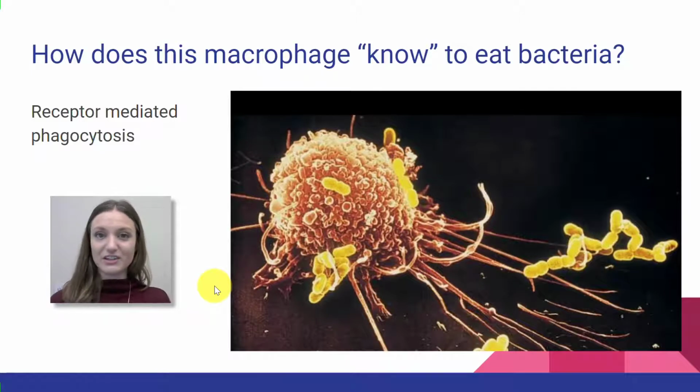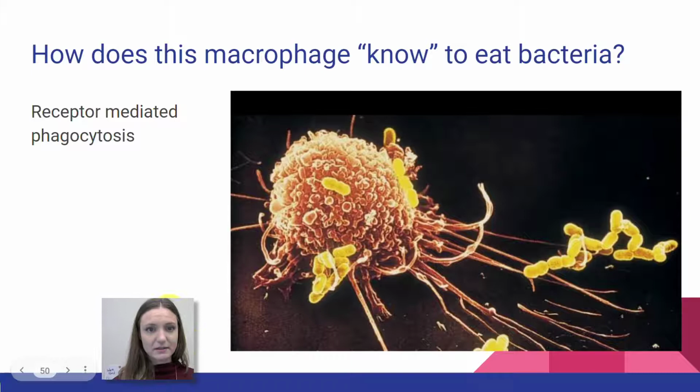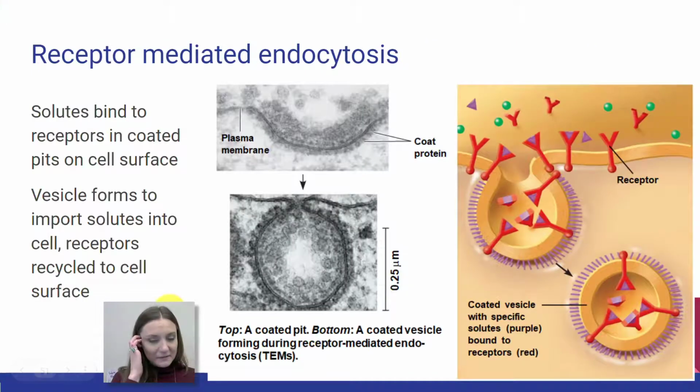We only want this macrophage to eat specific cells. We really only want it to eat the bad bacteria that our immune system's trying to get rid of, right? We don't want our macrophage going and eating all of our symbiotic bacteria, right? So it uses a process of what we call receptor-mediated phagocytosis, meaning that that process of phagocytosis will only be triggered once receptors on the outside of that cell are activated.